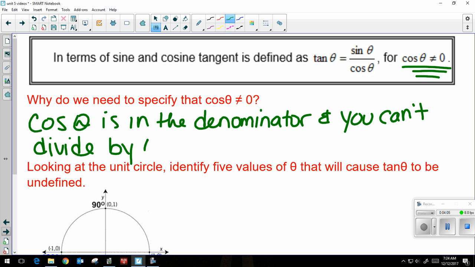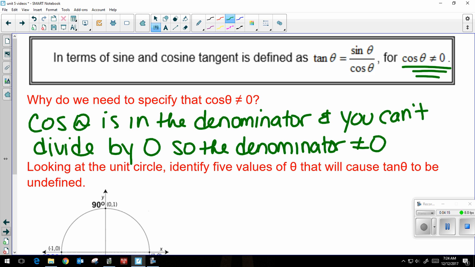So if I can't divide by 0, that means that my denominator can't be 0. So therefore, I have to specify that cosine is not allowed to be 0. In fact, when cosine theta is equal to 0, that means that tangent is undefined, because I would be dividing by 0.